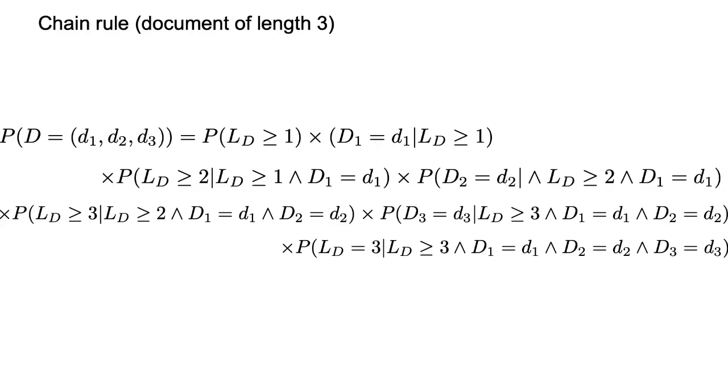It doesn't fit with the polyban because it's more than 3, but I don't know. Computers are cool. D1 is computers, D2 is R, and D3 is cool, right? So the probability that the document I generated, big D, that's my random variable, matches computers are cool is, and now we are going to use the chain rule.